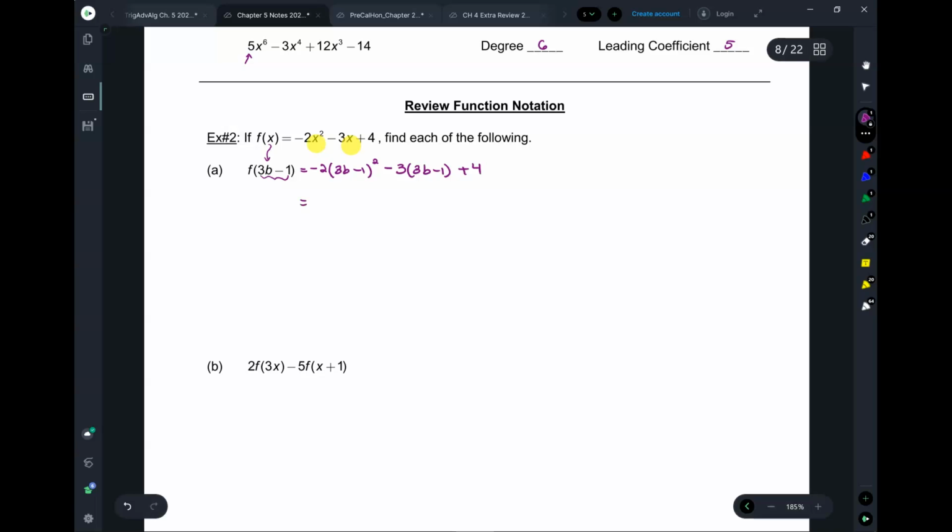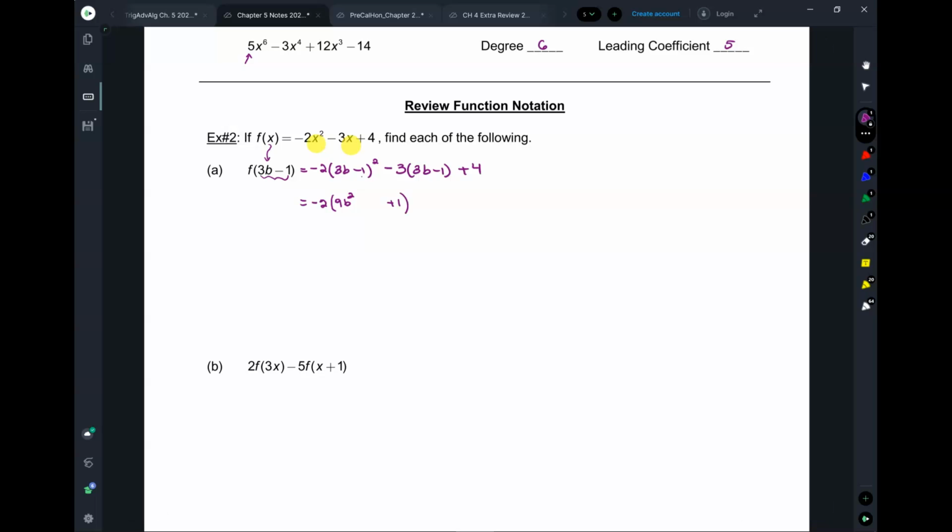So negative 2 times, when I square this, I square the first term and I get 9b squared. I want you guys to be quick with the shortcut. I square the last term, I get plus 1.